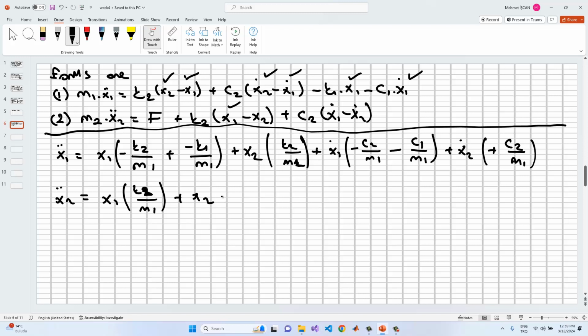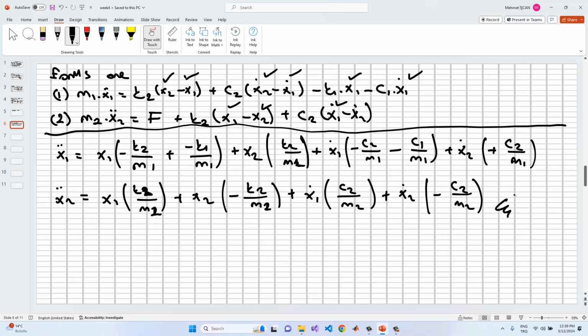And x2, minus k2 divided by m2, and x1 dot is here, c2 over m2, right? And x2 dot, but we have a negative term, c2 divided by m2. But we also have f over m2, right?